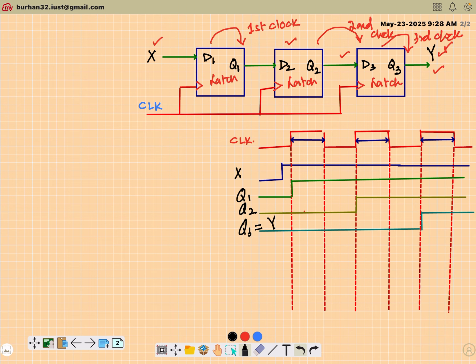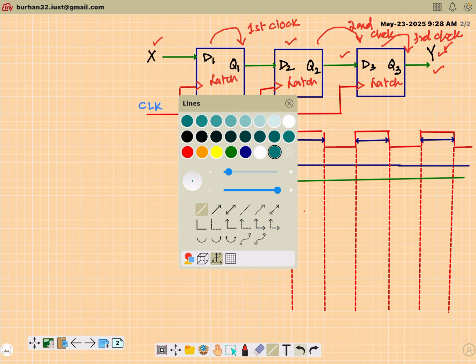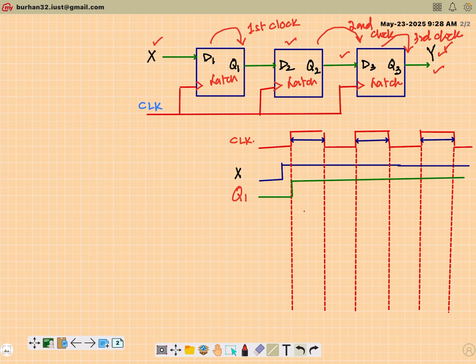But since these are latches, there is every possibility that in a practical scenario, if I just remove these, this was my Q1. Now there is every possibility that in the first clock itself, because in the first clock Q1 goes high, Q2 may also go high because it has this much span at its disposal.